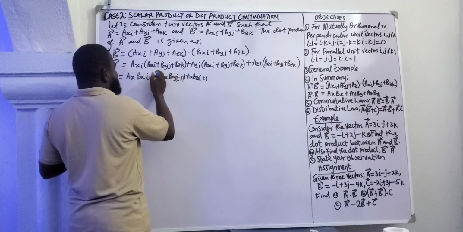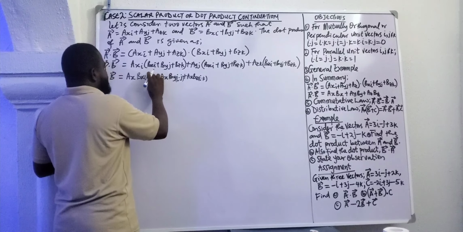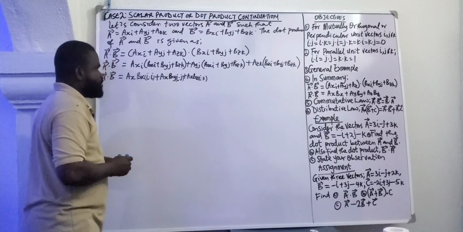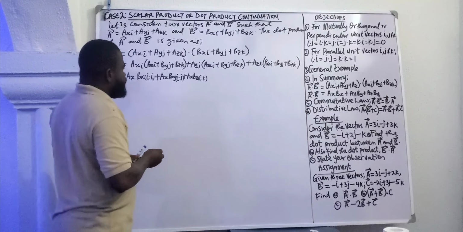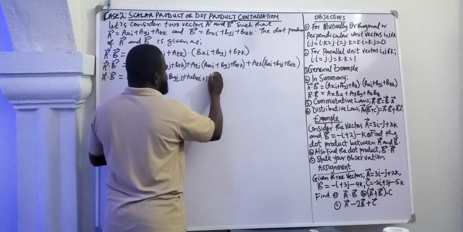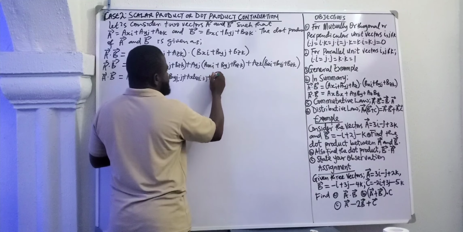Please, you have to be very meticulous when you are solving this question. Now we expand for the second one. We have plus AY times BX.